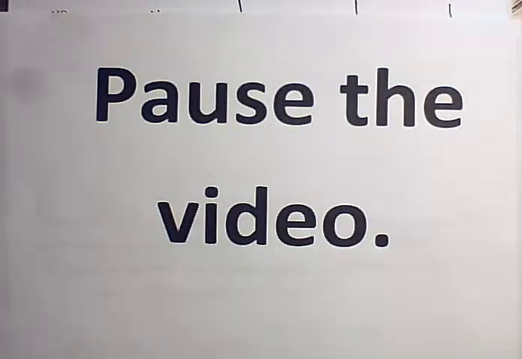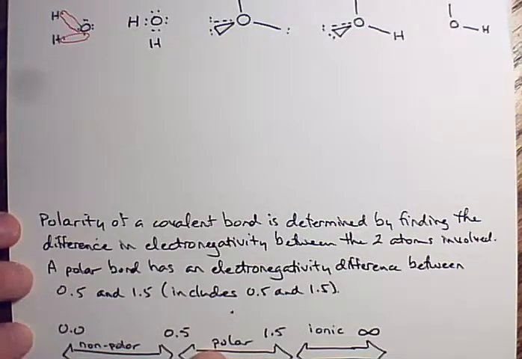Okay, Mariah, are the bonds in water polar or not? No. And how did you determine they were not polar? What difference did you get when you subtracted them? 1.34.